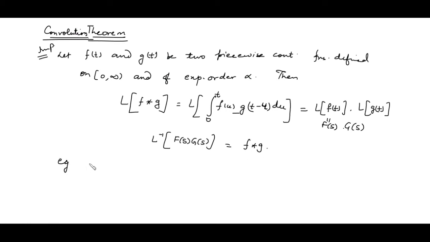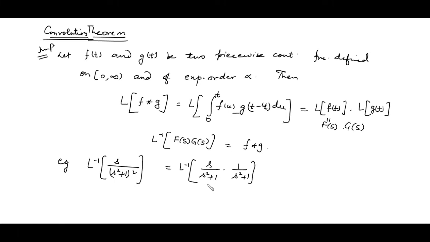For example, let's suppose we have to find the Laplace inverse of s upon (s squared plus 1) whole squared. One way is to make partial fractions and apply some other property. The other way is to use convolution. We can write this as s upon (s squared plus 1) times 1 upon (s squared plus 1).